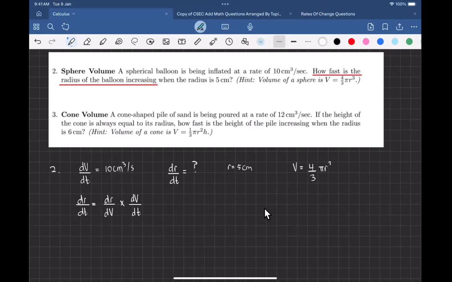You would differentiate the volume, which gives dV over dr equals 4 pi r squared. But is that dr over dV?